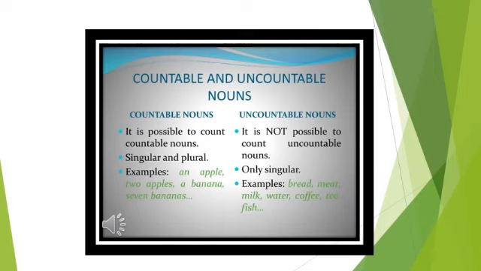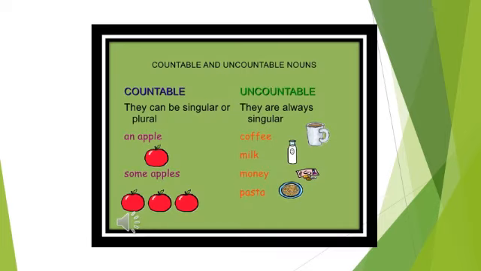You can see on another slide that an apple, some apples, we can count them, right? Uncountable nouns are always singular. As I described in prior knowledge, coffee, milk, honey, and pasta are all uncountable nouns.